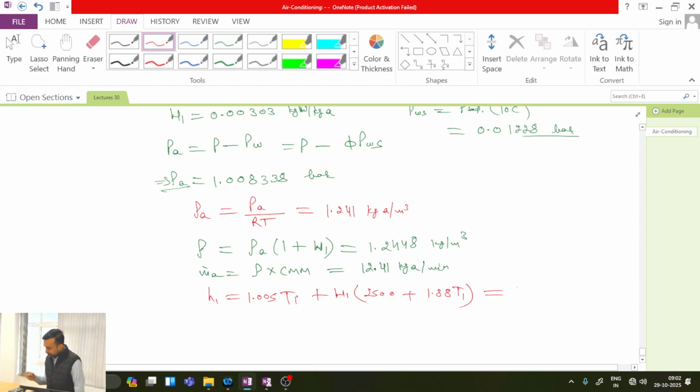How much is enthalpy? Is it close to 17.68?